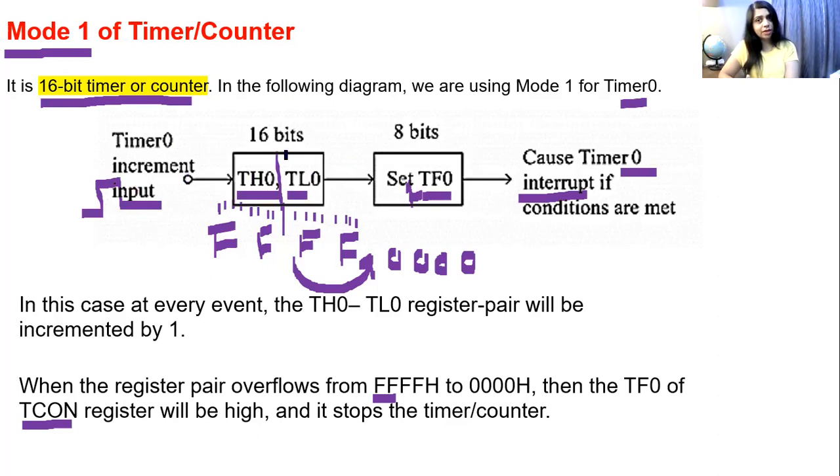Overflow means both become all 8 zeros, and at that instant it will set the TF0 timer flag of the TCON register, which will generate an interrupt for timer 0. So that was mode 1.